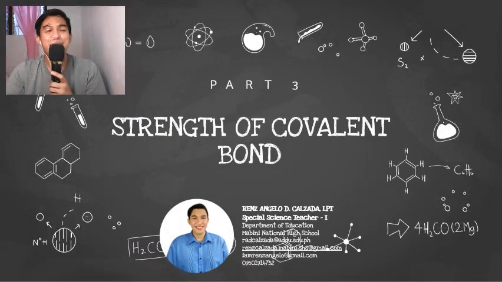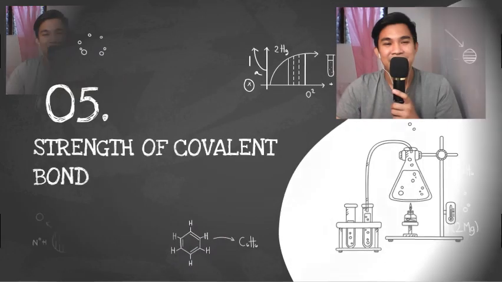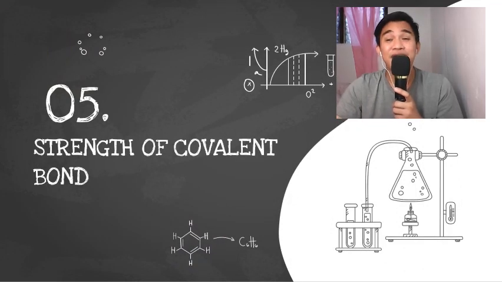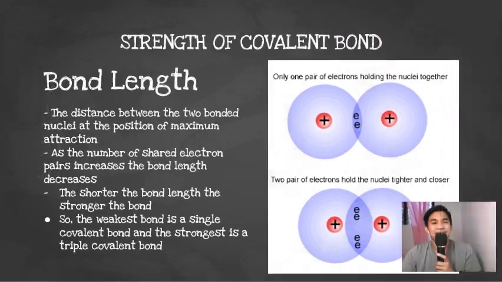Let us now proceed to the third part of this report, and that is all about the strength of covalent bond. The strength of covalent bond depends on the bond length, the distance between the two bonded nuclei at the position of maximum attraction.